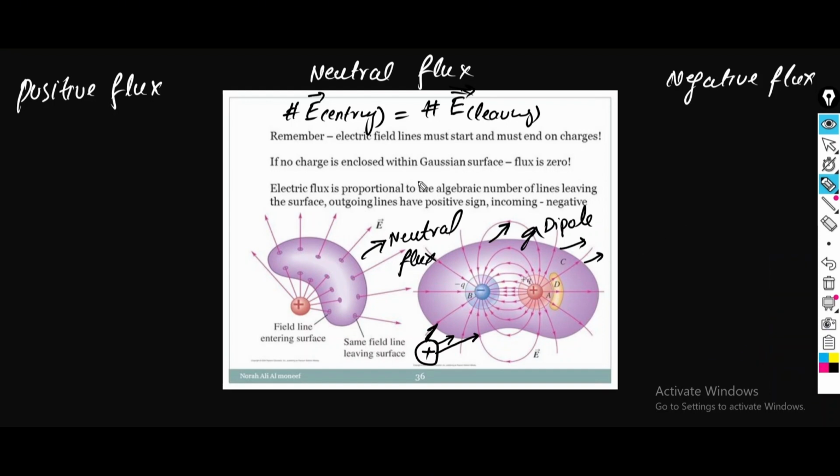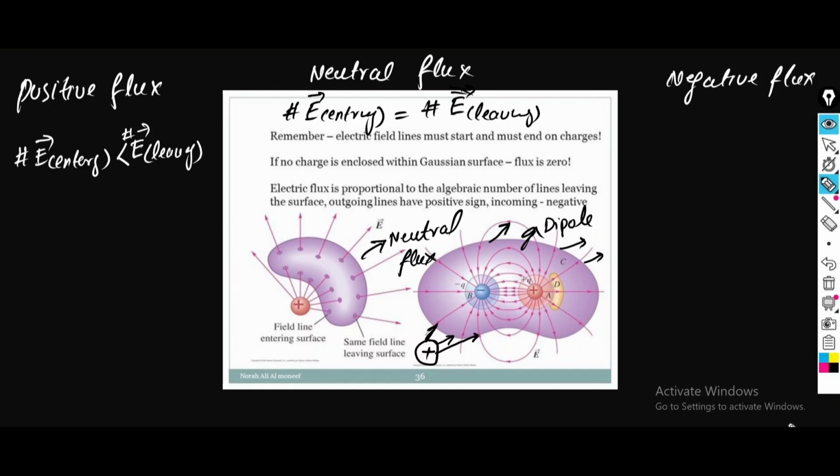Now positive flux is defined as when the number of electric field lines entering is less than the number of electric field lines leaving the Gaussian surface.